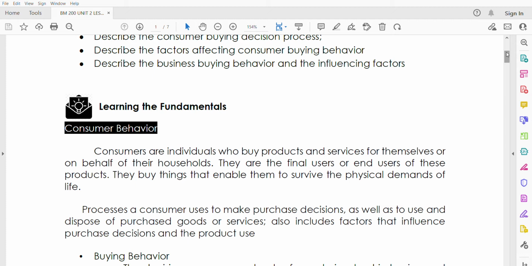So they are the final users or end users of the different products available in the market. So it could be that they are buying the different products and availing the different services available to them in the market for physical demands, social demands, security demands, and all the other necessary needs nga kinahanglan i-satisfy sa specific or sa individual nga customer or consumer.